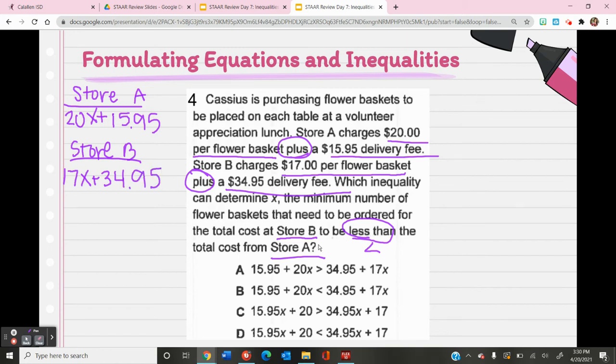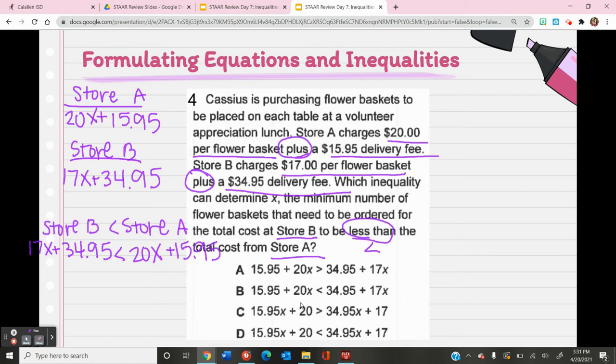So if I want to find out store B, I want to see when store B is less than store A. Store B was 17X plus $34.95. And this is less than store A, which is 20X plus $15.95.